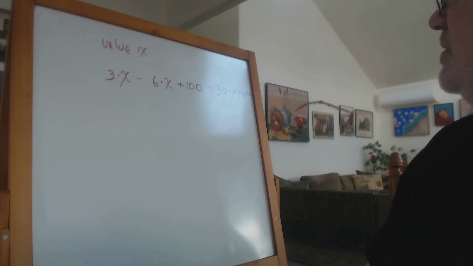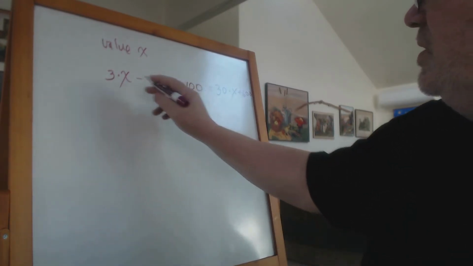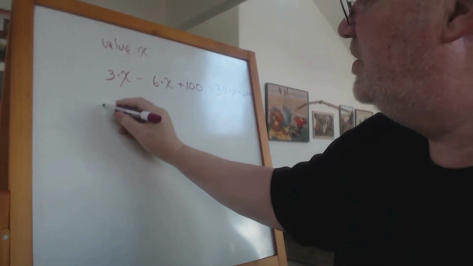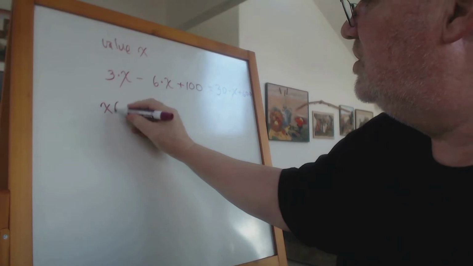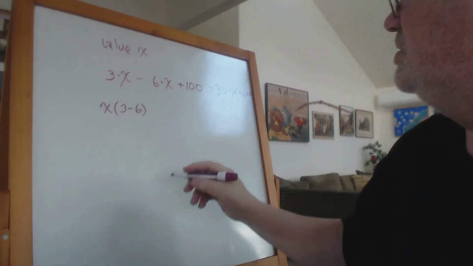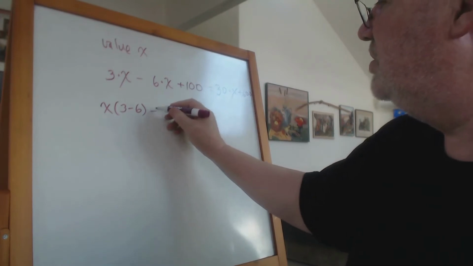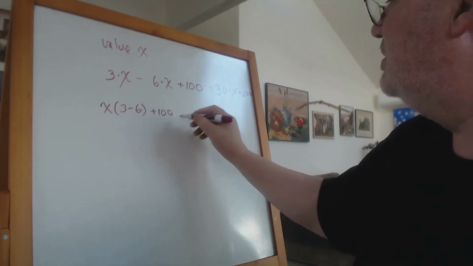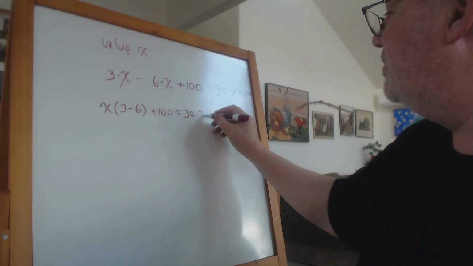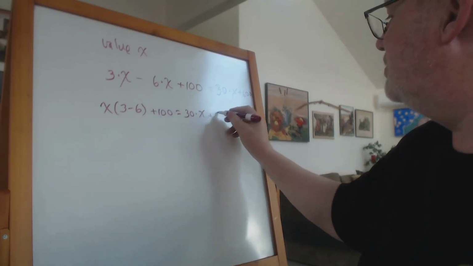So here we can factor out x. We can say x times 3 minus 6 plus 100 is equal to 30 times x plus 600.